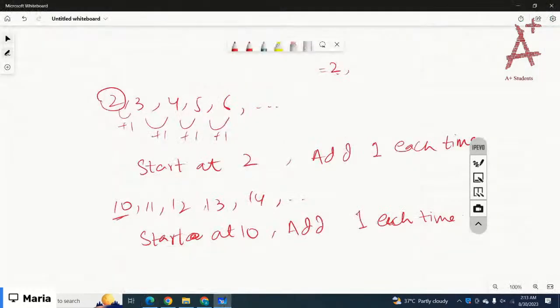The first one is 2, right? You have to start with 2 and add 1 each time. You have to calculate the 100th term, right?